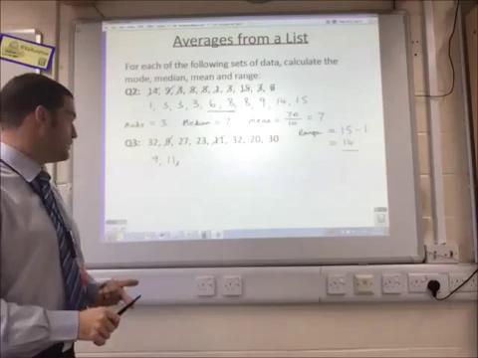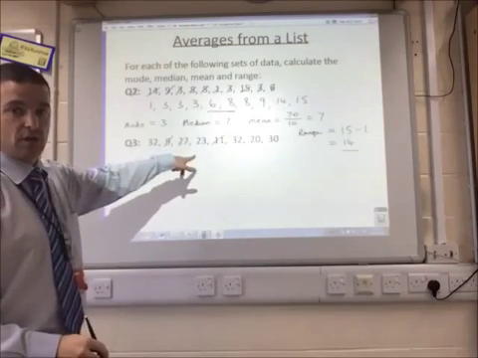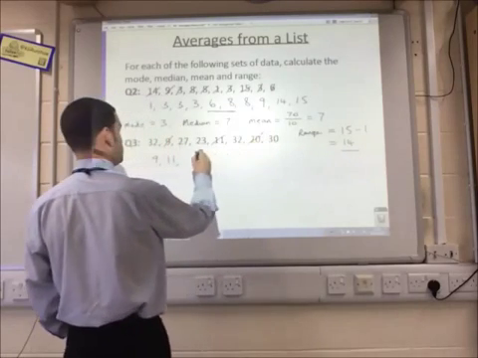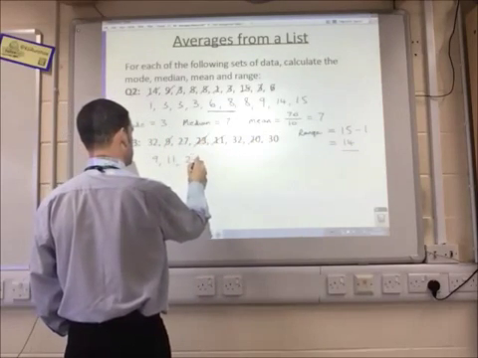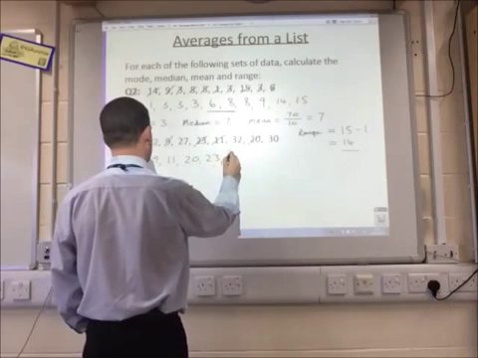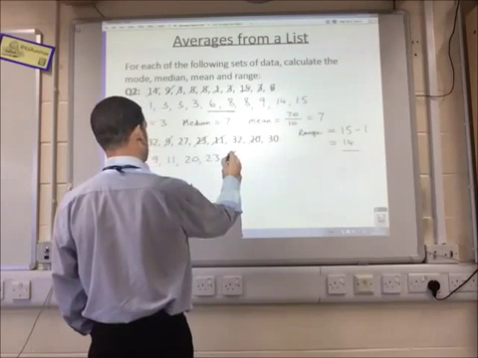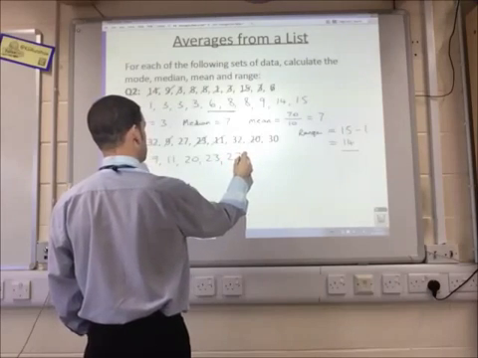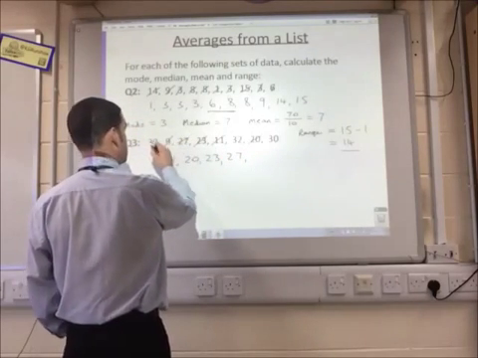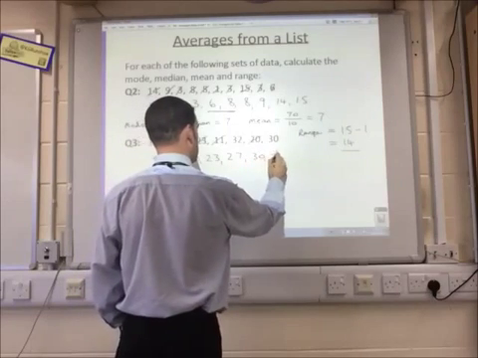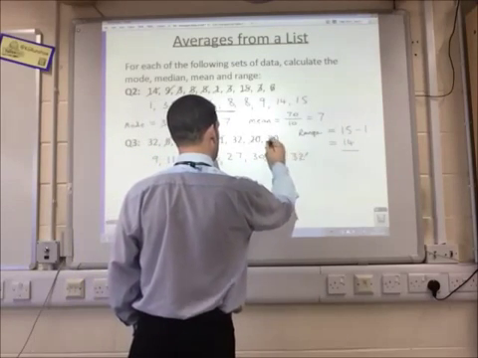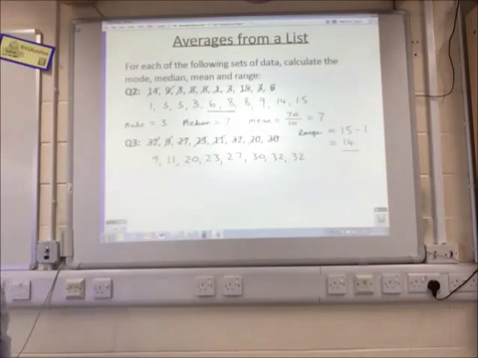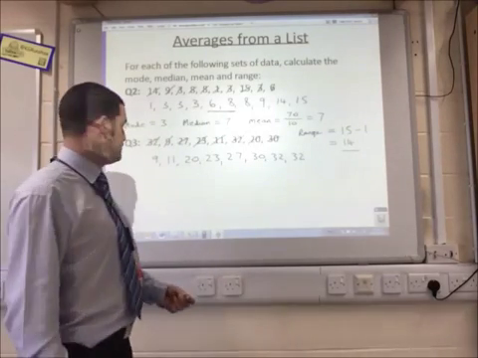So 9 and 11 are the lowest 2, and I'm crossing those off as I go to make sure I don't miss any out. Okay, so they're the 8 numbers.